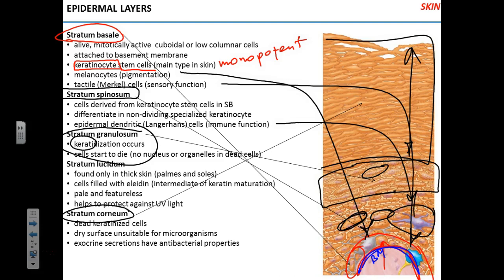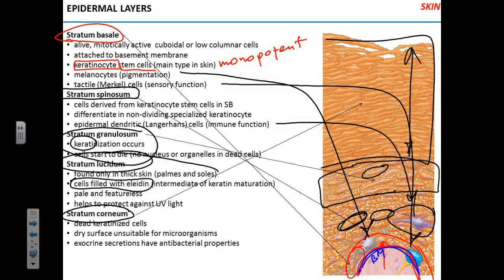Now, this layer, stratum lucidum, which is not in the picture, helps to protect against UV light. It also consists of entirely dead cells, but cells that are filled not with keratin yet, but with a protein called eleidin. Eleidin has great capacity to absorb UV light, and it helps in anti-UV light protection.